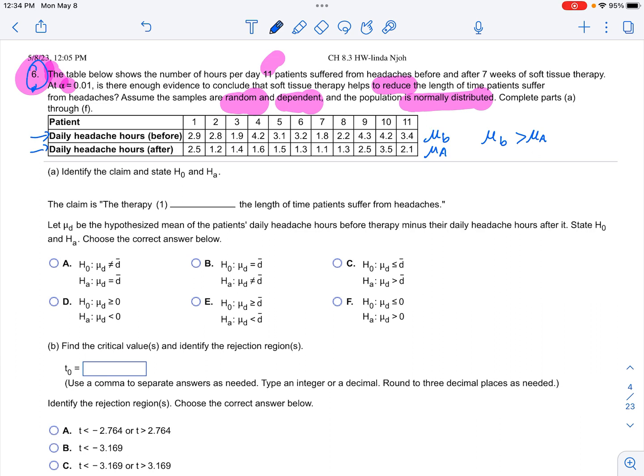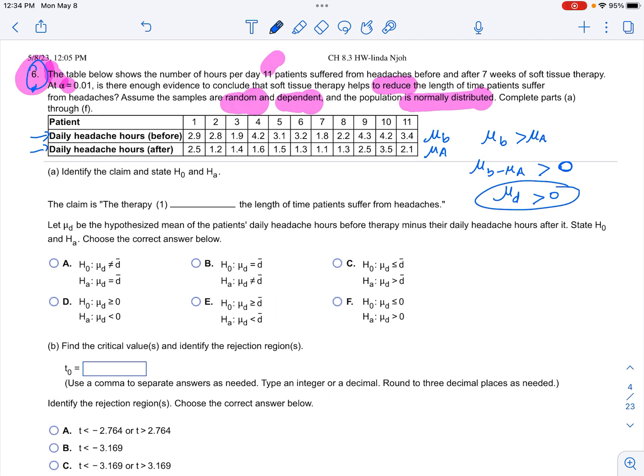It has to be greater. Whenever you're looking at the difference between the pairs, because this is literally what we're going to do, we are saying that mu B minus mu A is going to be greater than 0. So the difference between the pair has to be greater than 0. This is what we're saying here.